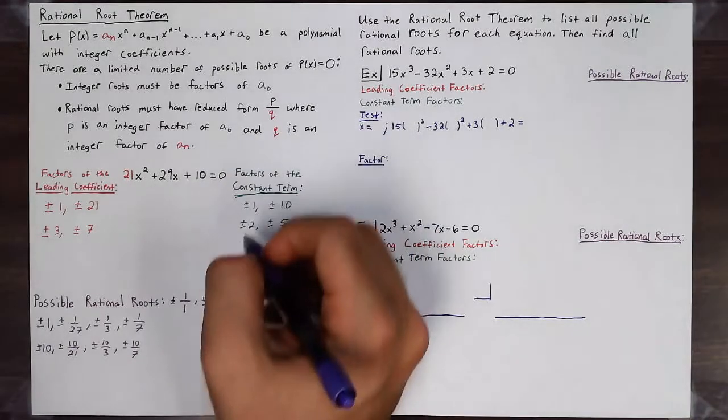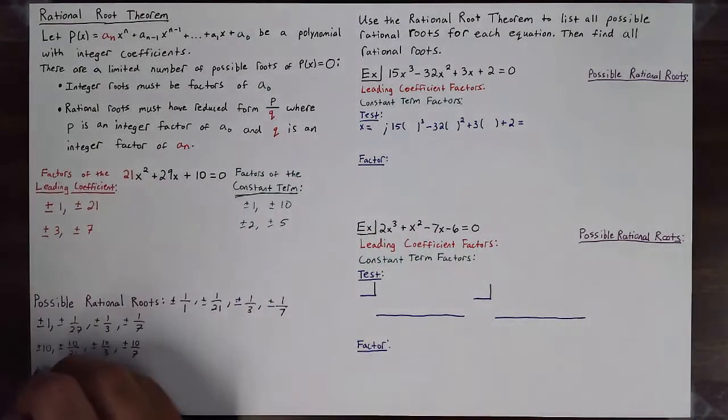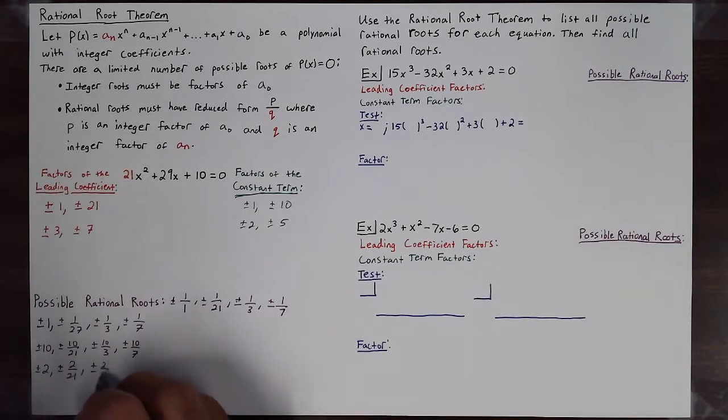So now I'll put 2 over all the leading coefficients. So plus or minus 2 over 1, which is just 2, 2 over 21, 2 over 3, and 2 over 7. And then lastly, plus or minus 5 over 1, 5 over 21, 5 over 3, and 5 over 7.